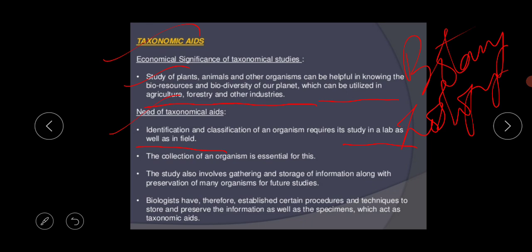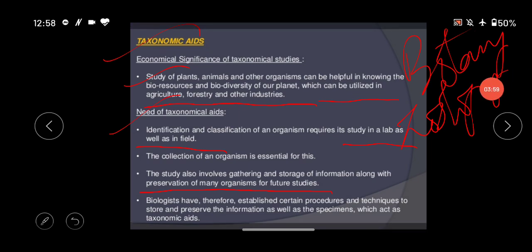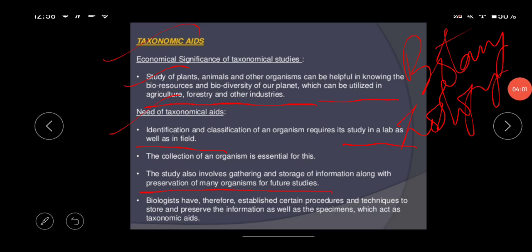Next, the study also involves gathering and storage of information along with the preservation of many organisms for future studies. Biologists have therefore established certain procedures and techniques to store and preserve the information as well as the specimens, which act as the taxonomic aids. So all those are the needs of taxonomic aids.